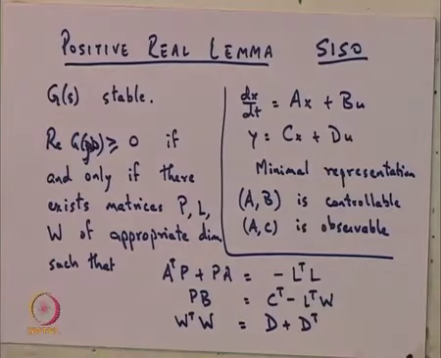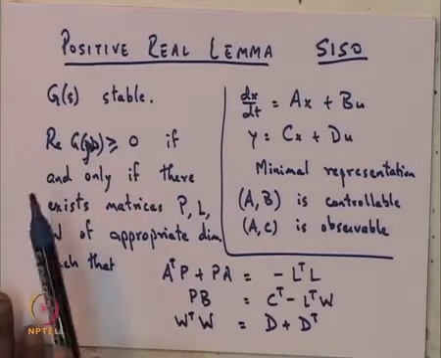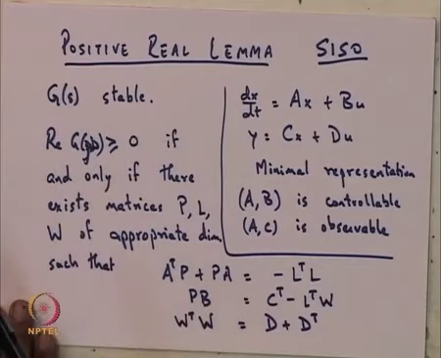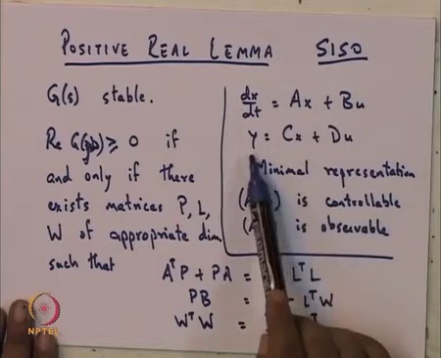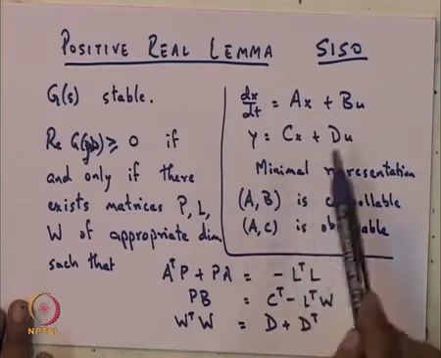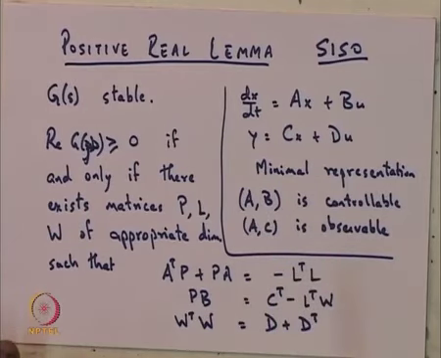Okay. Let us look at these three equations and think about it for a minute. So, the positive real lemma is saying, suppose you start off with a G(s) which is stable and you look at the state space representation, which is a minimal representation, which is equivalent to saying (A, B) is controllable and (A, C) is observable.